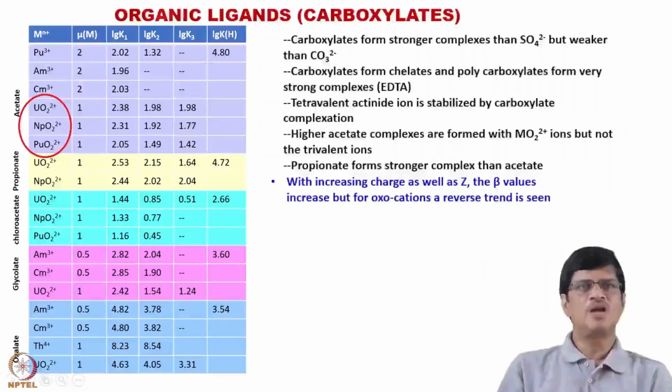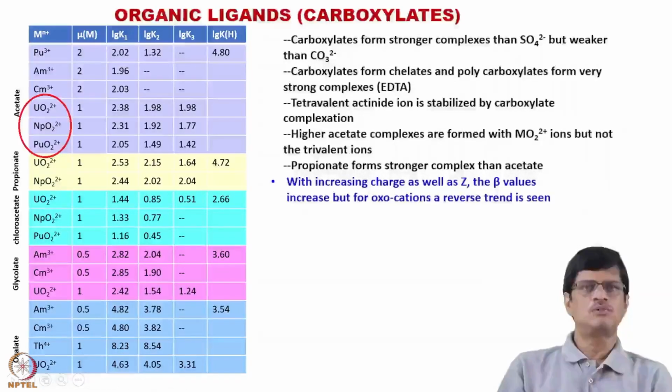Similarly, for the neptunyl ion, the value was 2.31 for acetate, which increased to 2.44 for the propionate. So that means by increasing the carbon chain length, the complex formation constant has slightly increased. That is because of the relaxation of the chelate ring in this case.